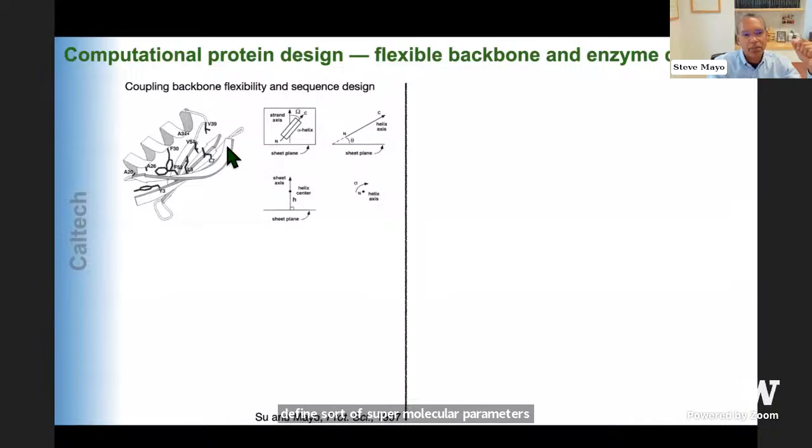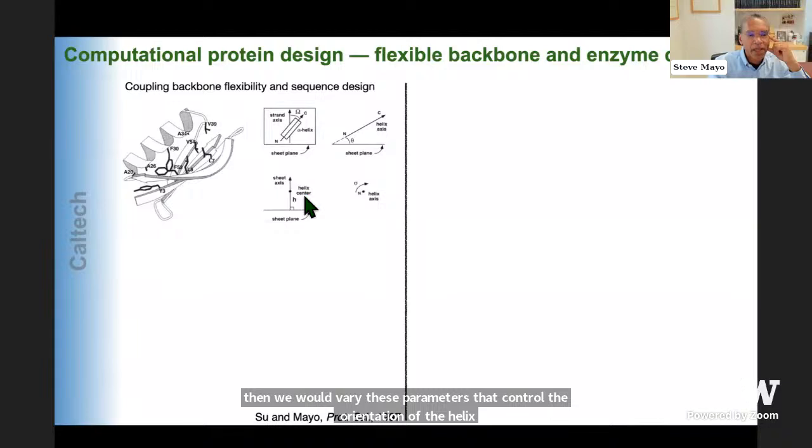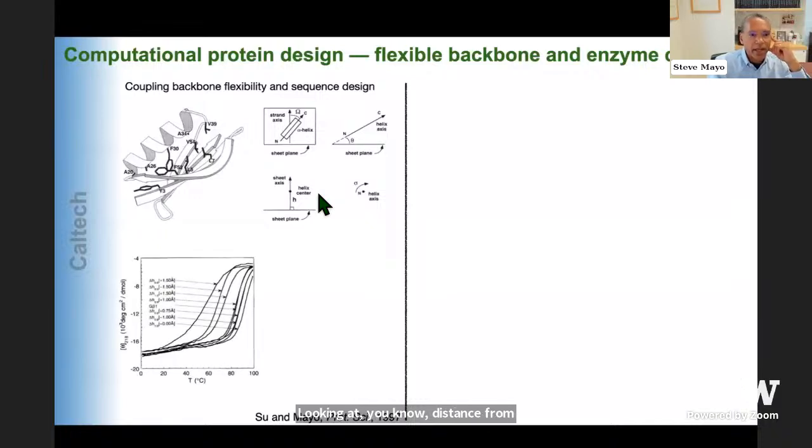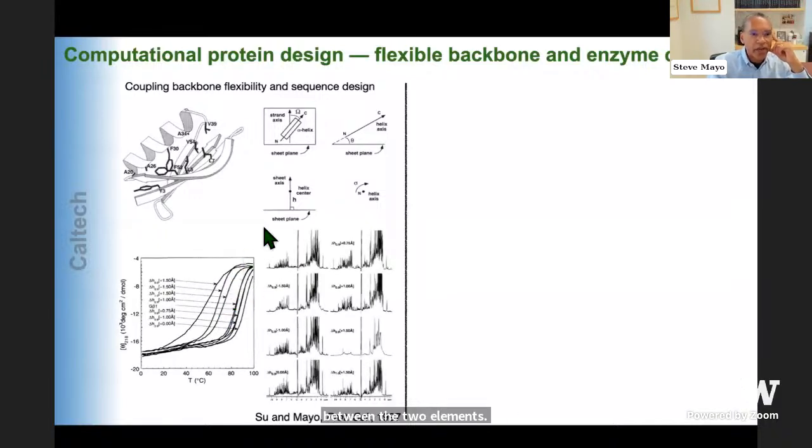So a plane for the beta strand, a cylinder for the helix, and then we would vary these parameters that control the orientation of the helix with the beta sheet plane, including looking at the distance between the two elements.